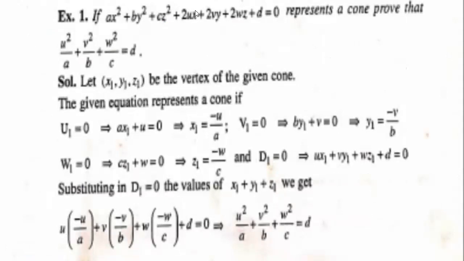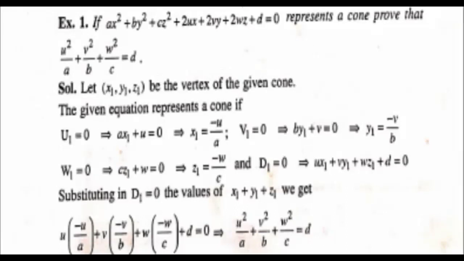We are provided with this particular equation, and we have to show that it represents a cone if this condition is fulfilled. That is what we have to do. An equation is given and you are asked to show that it represents a cone.